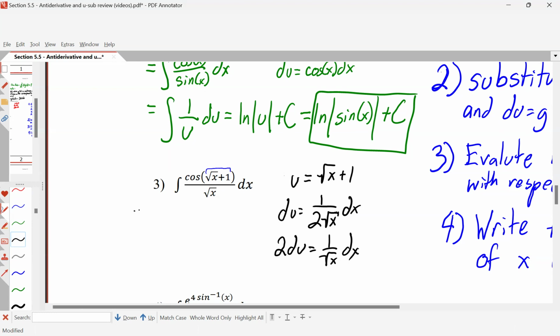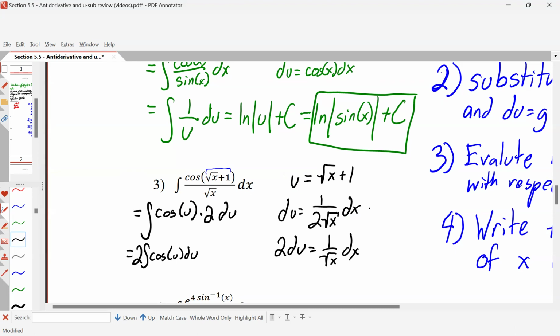Meaning with our u substitution, we get that this integral is now the cosine of what we replaced out to be u times square root x dx is now 2 du. Or we can pull constants all the way out front. This is 2 times the integral of cosine of u du.